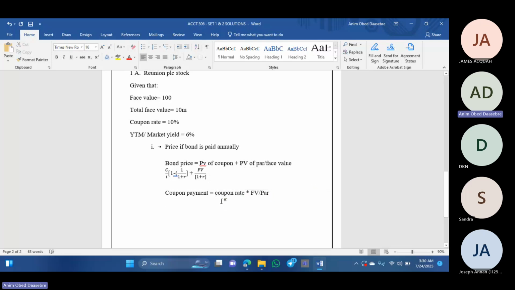So 10% times the face value will give you the coupon payment. 10% times the face value of 100. So when you find 10% of the 100, what will be the value of the coupon payment? 10. All right.